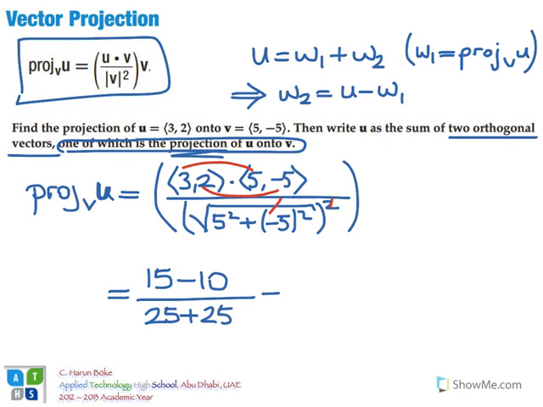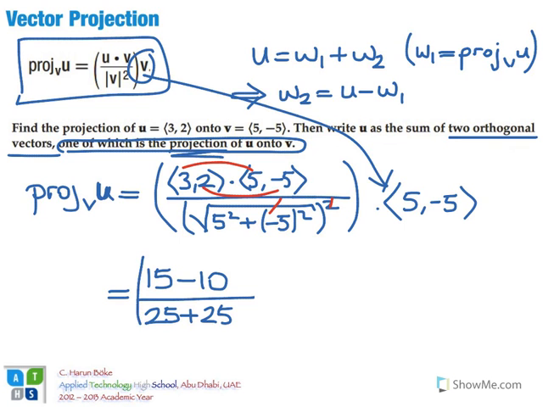Of course, I forgot, there is this v here, we have to write it here. We have to multiply with the vector v. So actually it will be, let's write (5, -5). Alright, so there is this multiplication, times (5, -5).